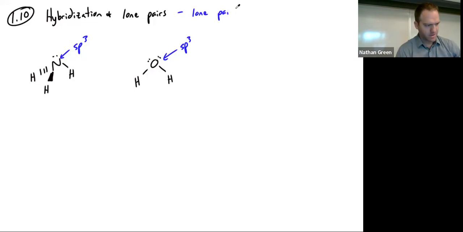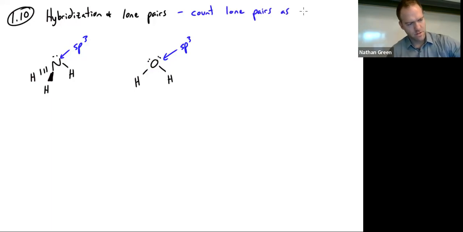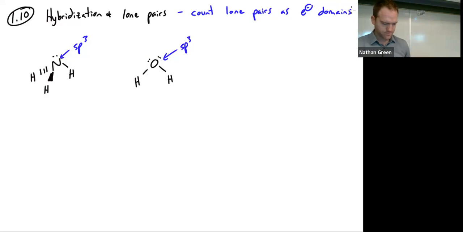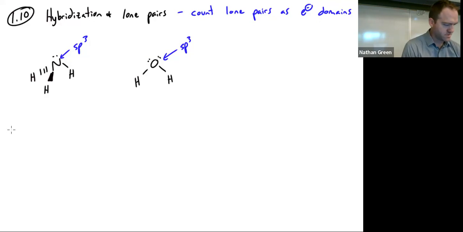Count lone pairs as electron domains. Easy enough? Good. Try this.